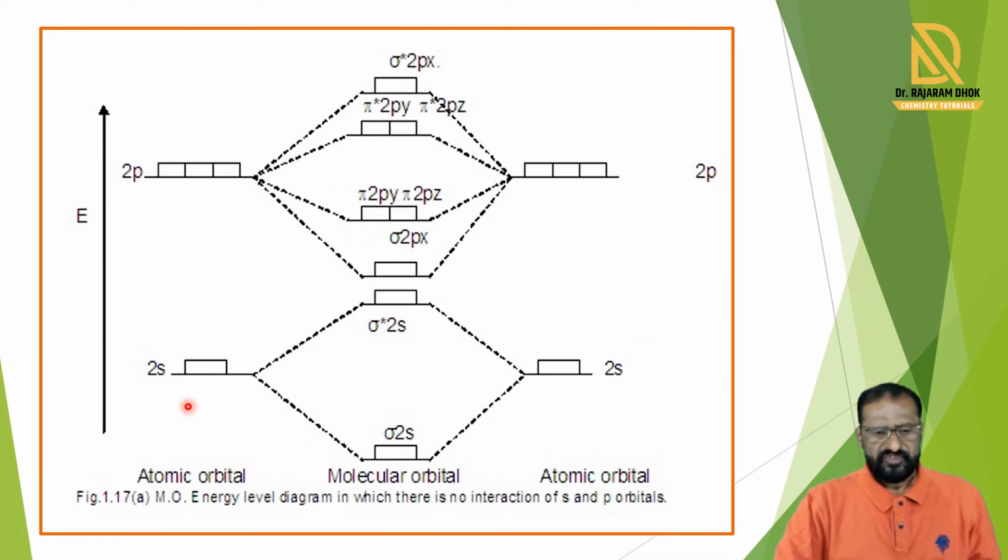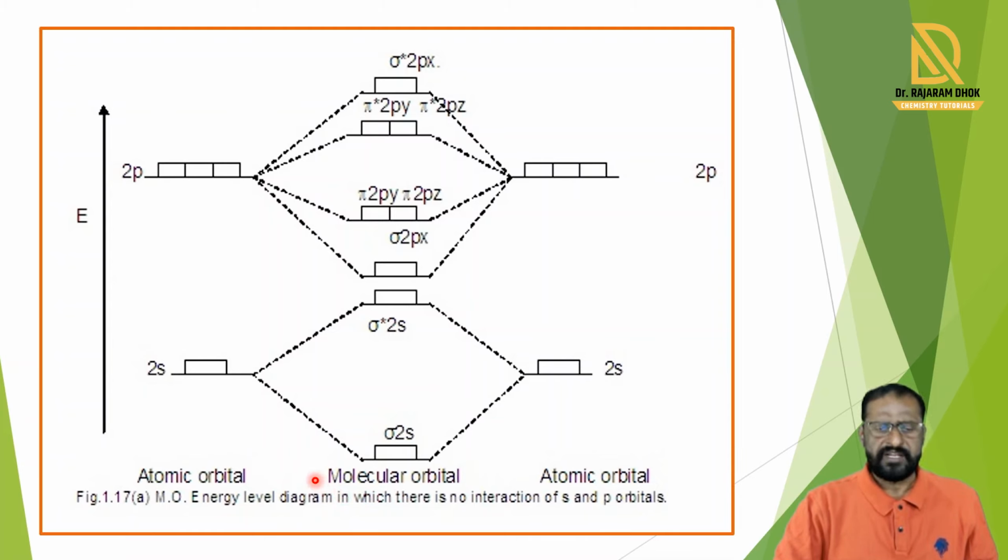In this diagram, the 1s and 1s of the second atom are not shown, because the 1s atomic orbital and the 1s atomic orbital of the second element can combine, forming a 1 sigma 1s bonding molecular orbital and a 1 sigma star 1s anti-bonding molecular orbital, and both are filled by 2 electrons. So both cancel each other and the energy or bond order is not affected, and so this 1s orbital is not shown in this diagram, but it is formed.